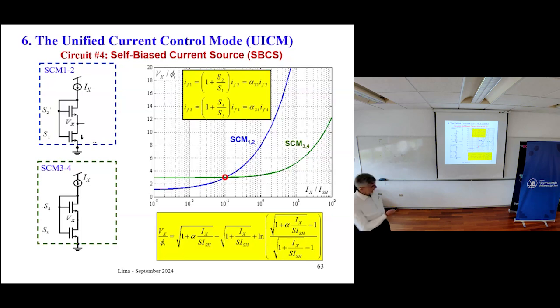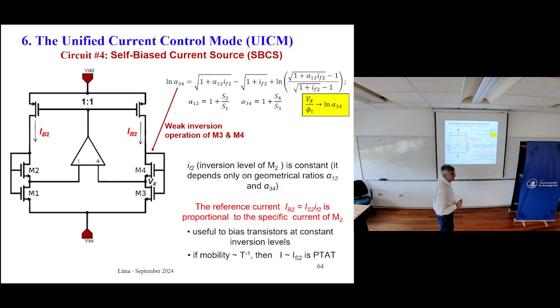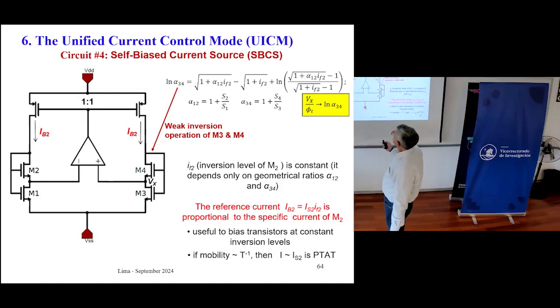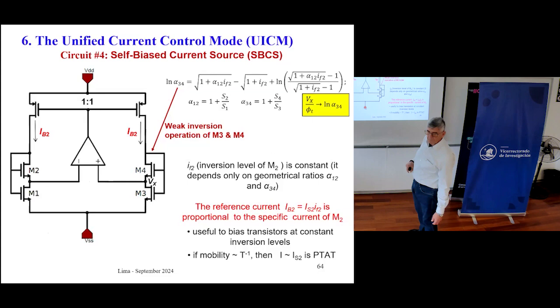So let's move to the next circuit. Here is the op amp. Here you have two identical PMOS devices, so you have a one-to-one current mirror. The current through these two transistors is the same.